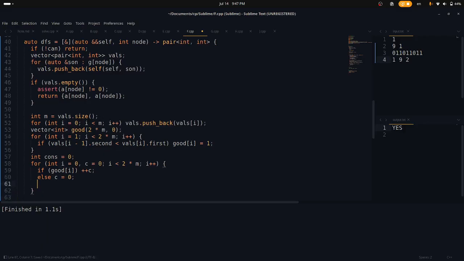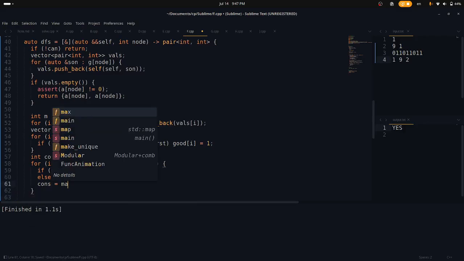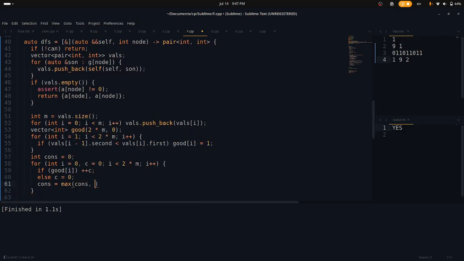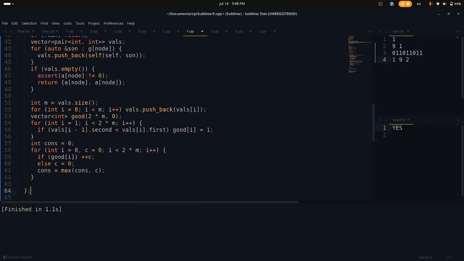So it's like cons is equal to max of cons comma c. So if cons is less than m, then can is equal to false.